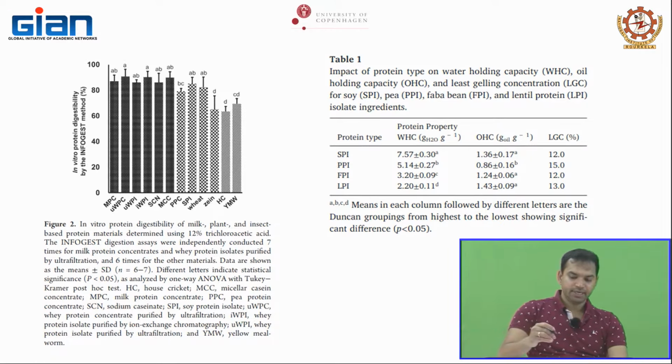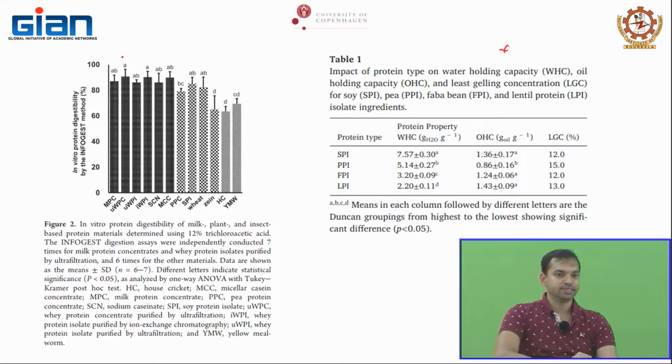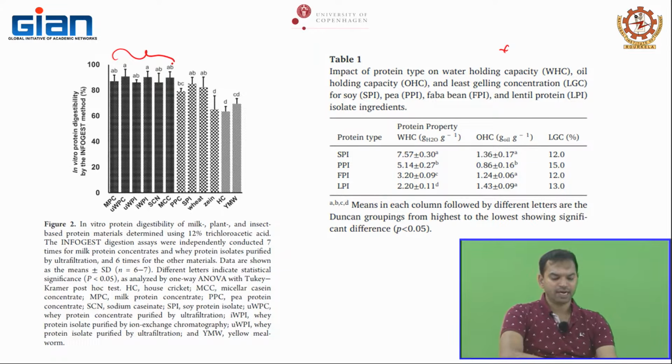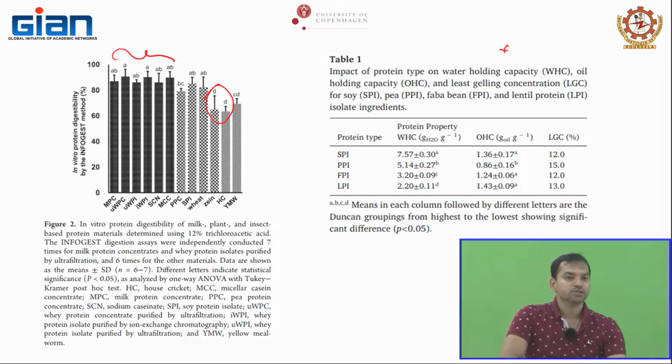One more example here, just to show, you can ignore this one for now, you can see the digestibility of different proteins, right. We saw that usually soy is really good, highly digestible, but if you look into this, I think these are insects, if I am not wrong. So, insect proteins, in this case at least, were less digestible.